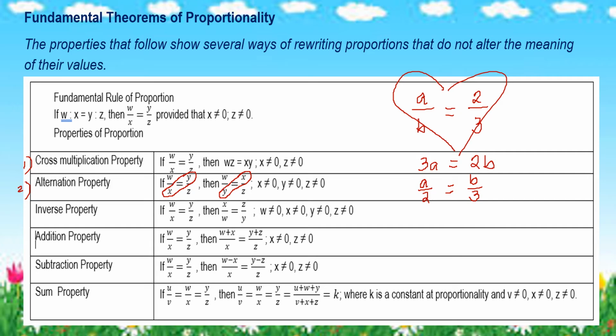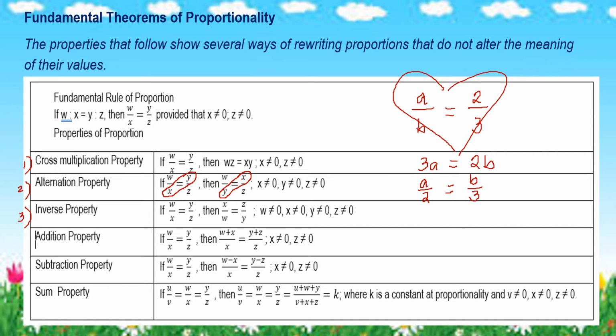Next, we have the inverse property. Let's say we have w is to x is equal to y is to z. If we rewrite this proportion using inverse property, it becomes x is to w is equal to z is to y. So if you try to observe, we put the value in the numerator to the denominator, and the one in the denominator in the numerator.